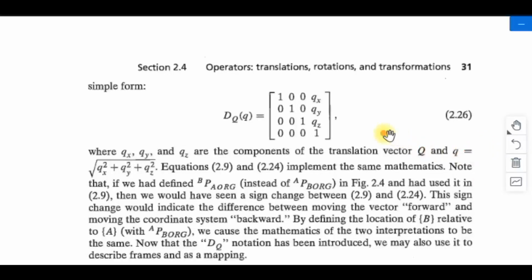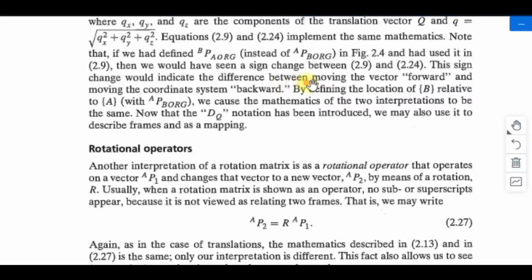So we may utilize the PBORG. Previously it was ABORG, which means the B origin with respect to A. Here, B origin with respect to A means A is desired and B is given.